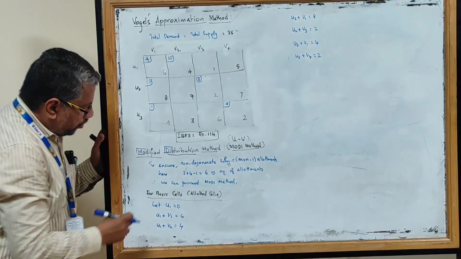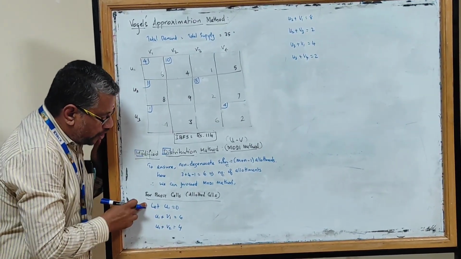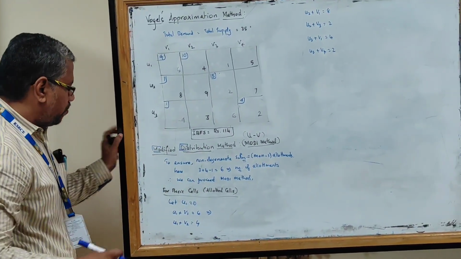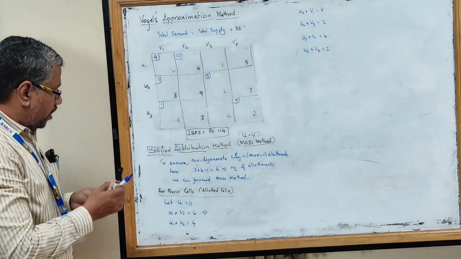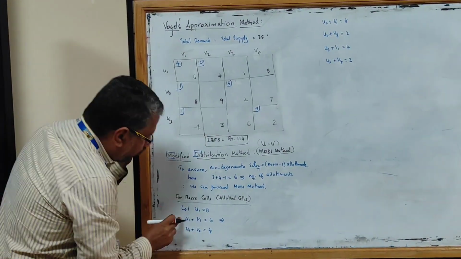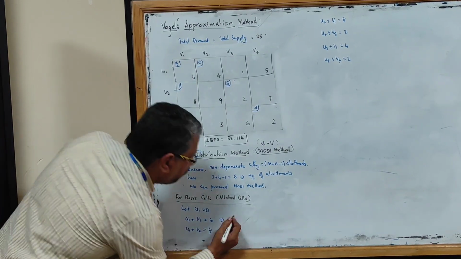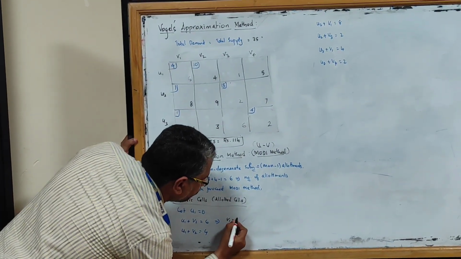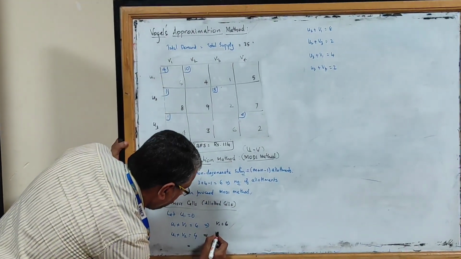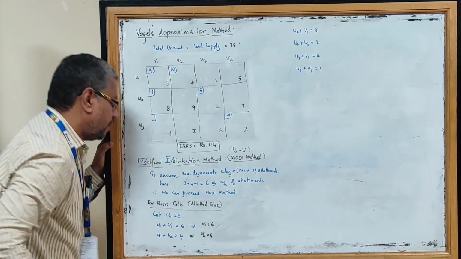What we are going to do, taking the initial value U1 equal to 0, we will have to find the remaining values. So what are the remaining values? U1 equal to 0 means V1 equal to 6. Here U1 equal to 0 means V2 equal to 4.